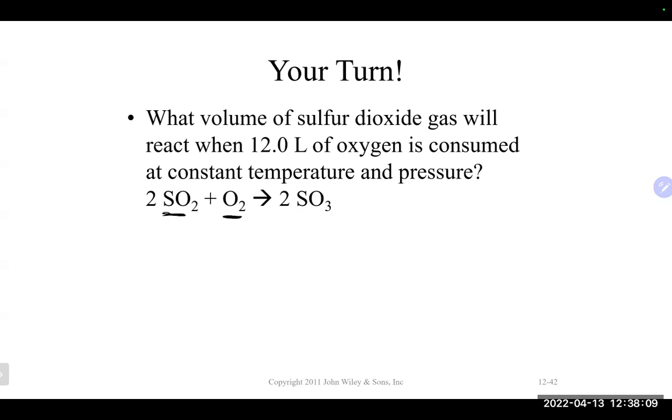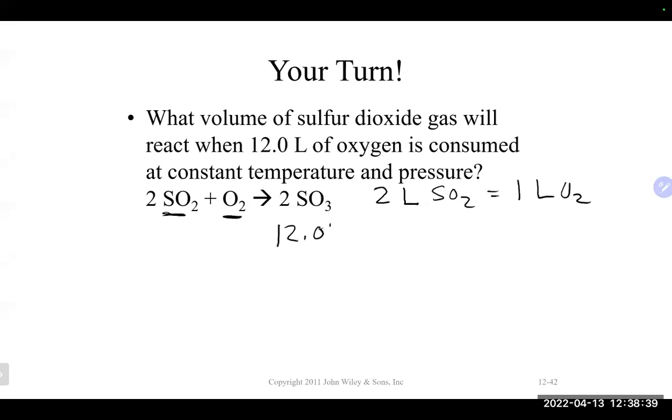The good news is you can go right to the equation at this point, which is balanced. Just like we would do a mole to mole relationship, we can say from the coefficients that 2 liters of SO2 corresponds to 1 liter of O2, identical to how we do mole to mole. Because of the constant temperature and pressure, we can come up with that volume to volume relationship, which allows us to directly calculate what we need.